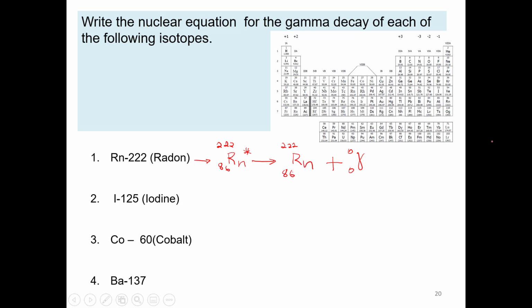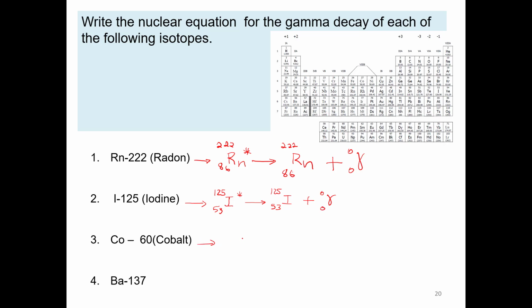Let's try for iodine. We have here the mass number, and the atomic number we check here, which is 53. Yes, here is iodine. Here is the excited state. But now here we have the lower energy state without changing the protons and neutrons, and it emits gamma radiation.